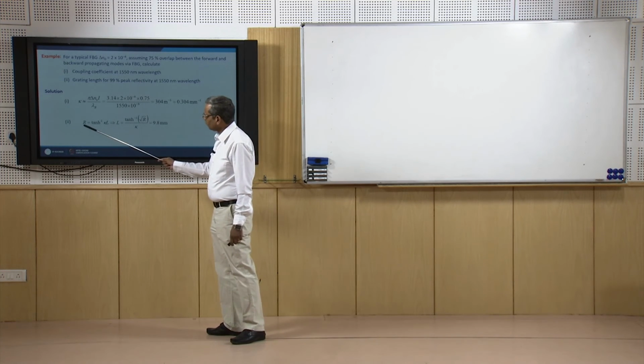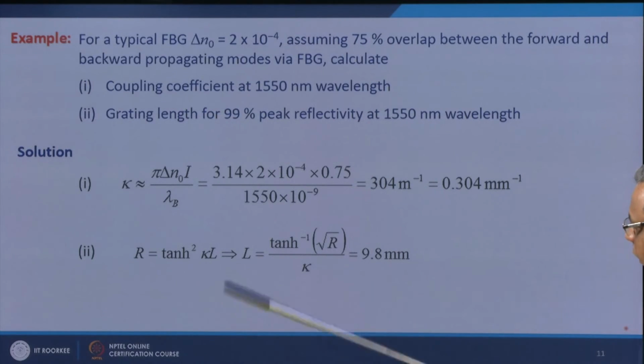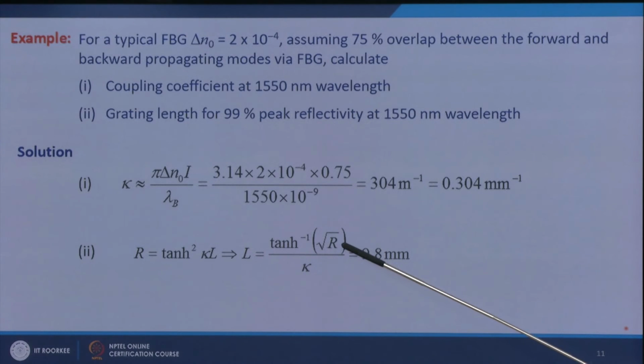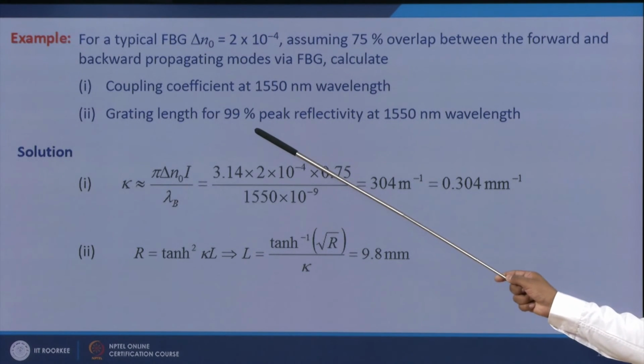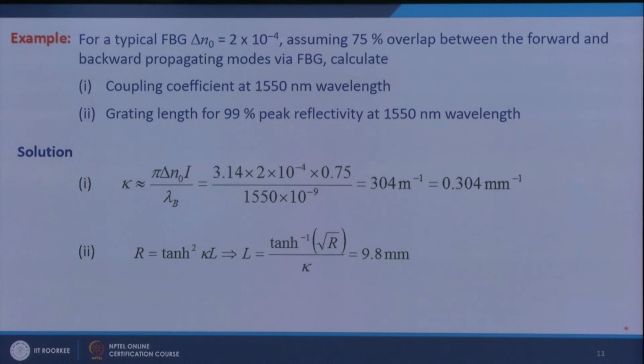I know the reflectivity is given by tanh squared of kappa L. So, L would be tanh inverse of the square root of R over kappa. R is 0.99 to have 99% peak reflectivity, and the value of kappa I have obtained at 1550 nanometer wavelength is 0.304. So, if I put these values here, I will get the grating length about 10 millimeters or 1 centimeter.